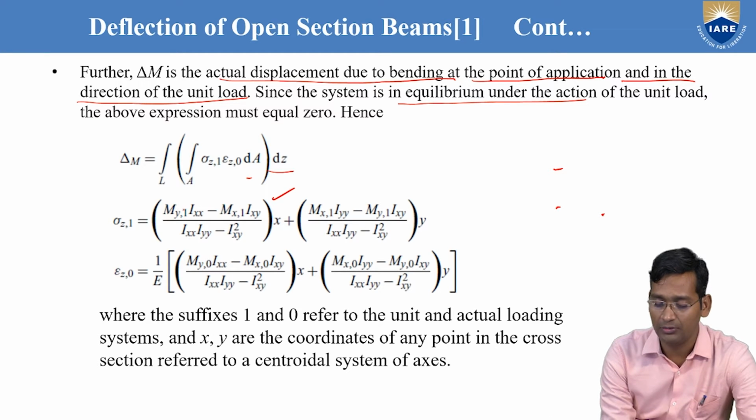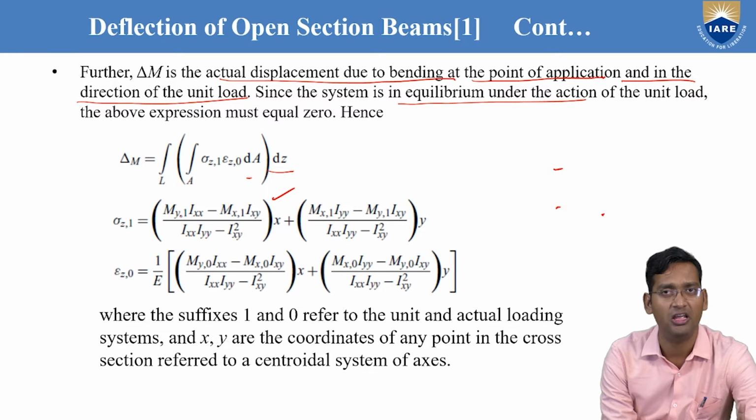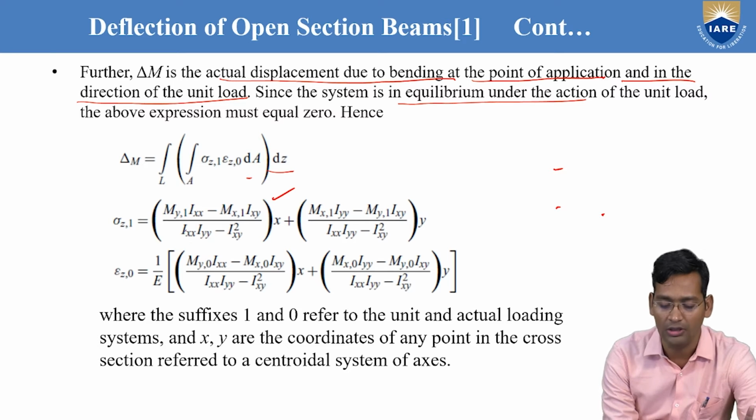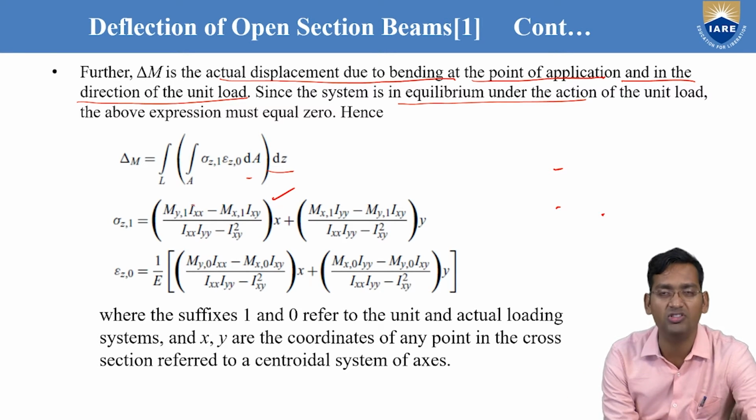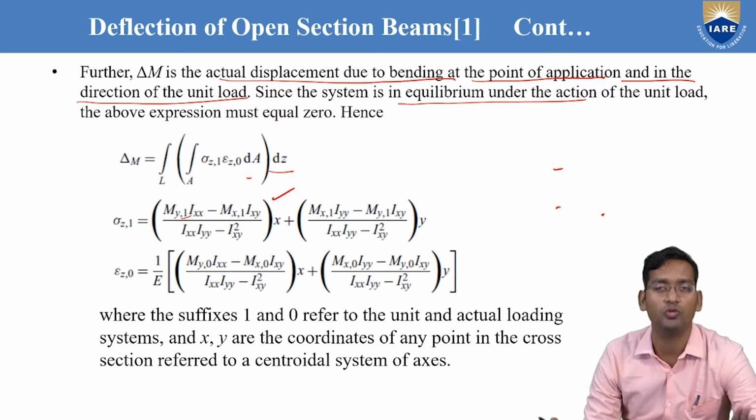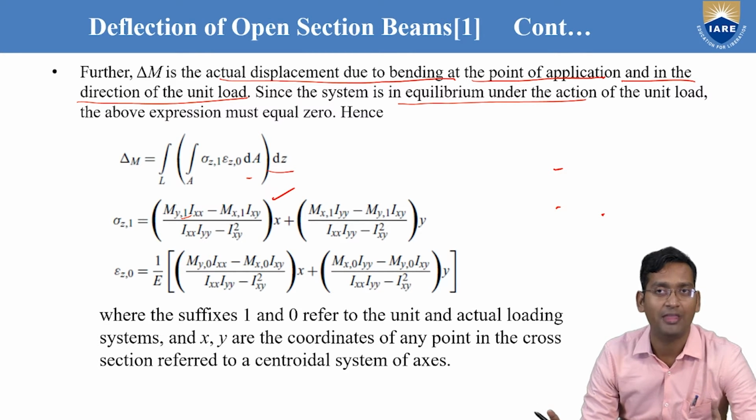So for finding this, 1 stands for unit again, right? My,1 Ixx minus Mx,1 Ixy by Ixx Iyy. So here there is no confusion. This remains the same, only the moment about what we are taking, just to distinguish that one, this 1 and 0 is used. So don't get confused: 1 stands for the unit load and 0 is for the actual load.